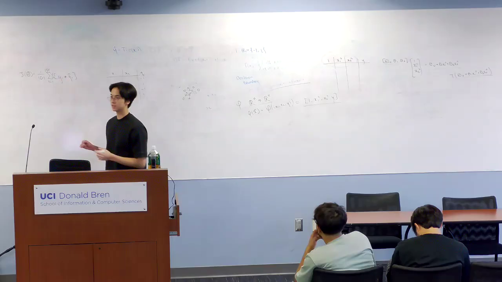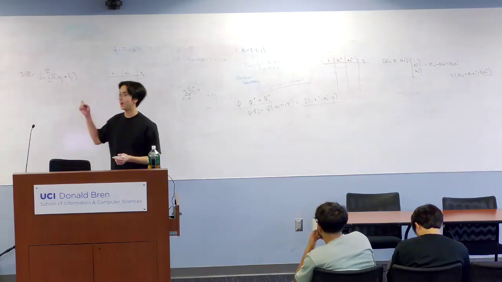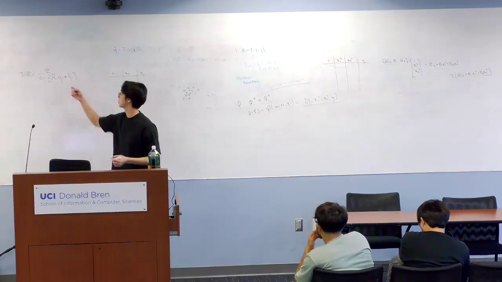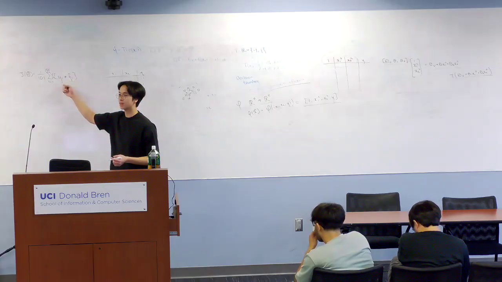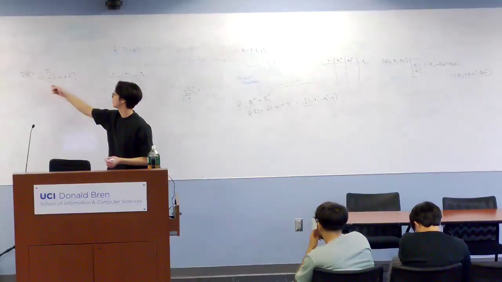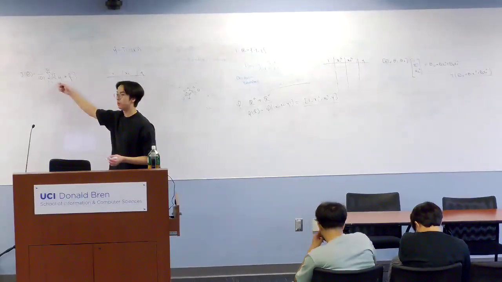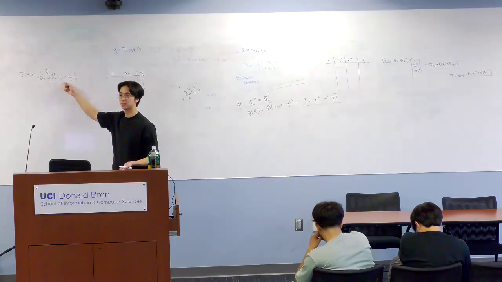This part is the indicator function. I give you an error of 1 when your predicted output is different from your actual output. So go through each data point, and add 1 if your output differs from your prediction.